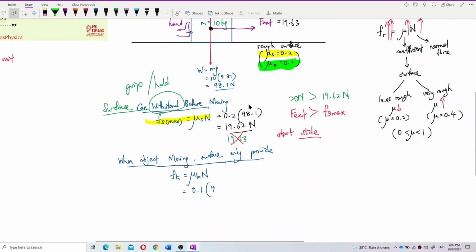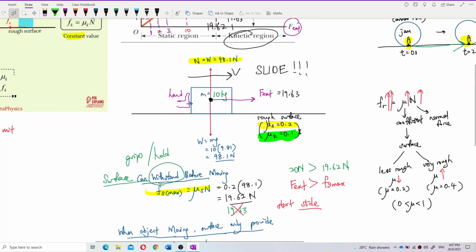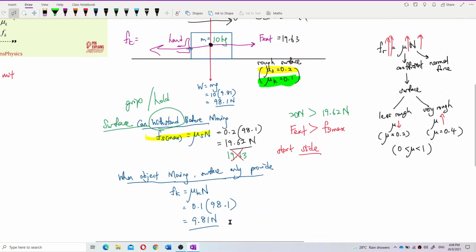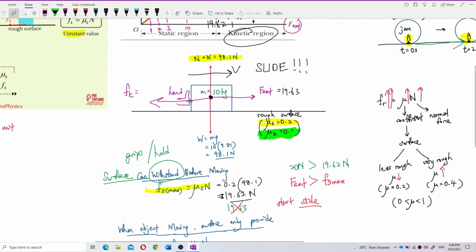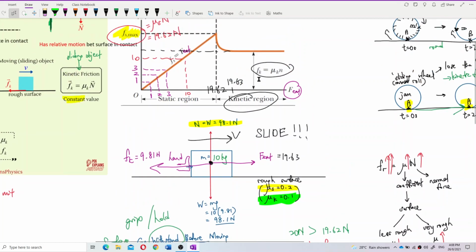So multiplying, I get 9.81 Newton. Understand? So now the friction drops to Fk, which is mu K n. It only dropped to 9.81 Newton.